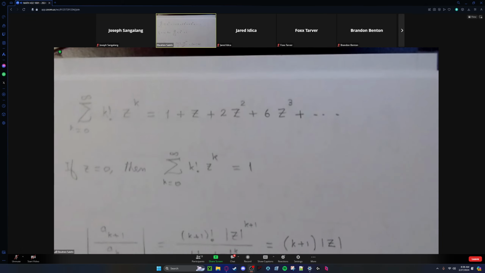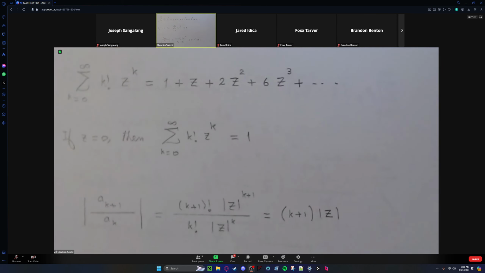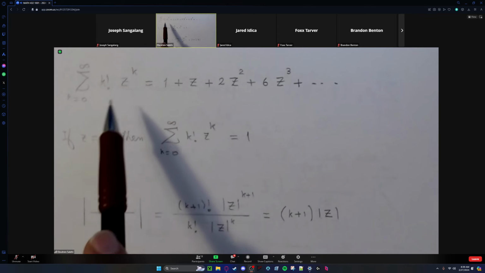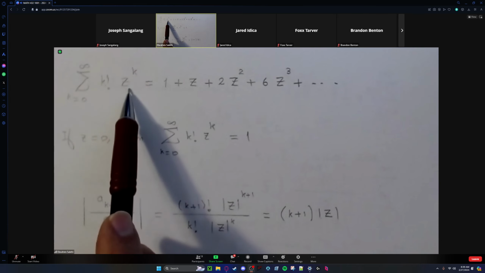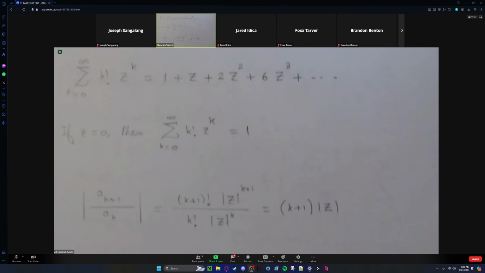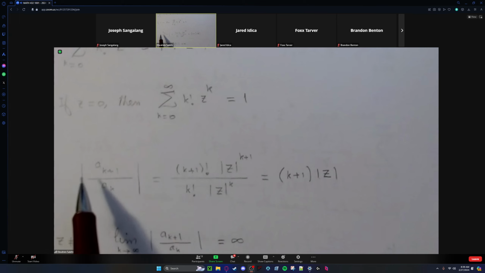I discussed that example last time. It helps after you read the topic and did a few examples. The review sometimes helps a lot. So here, you call this generating sequence, the whole thing, A sub k. Then you form the quotient A sub k plus 1 over A sub k, modulus.